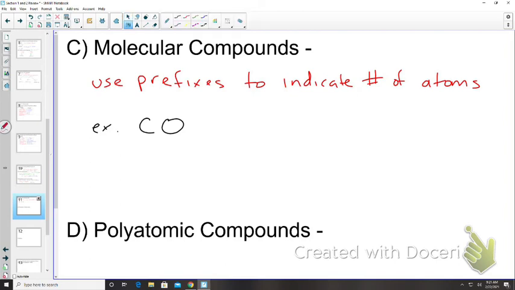Okay. So again, if the first element has 1 atom, it's no mono, right? So in this case, it is just carbon. And then on the second element, we only have 1. So then we go carbon monoxide. Not monocarbon.